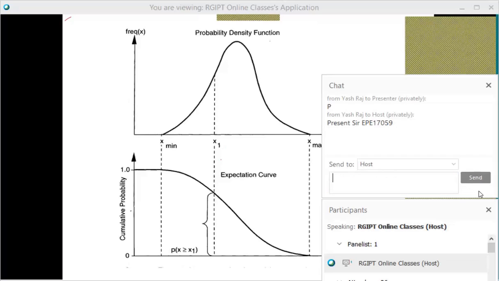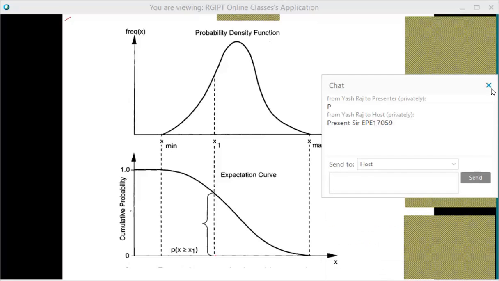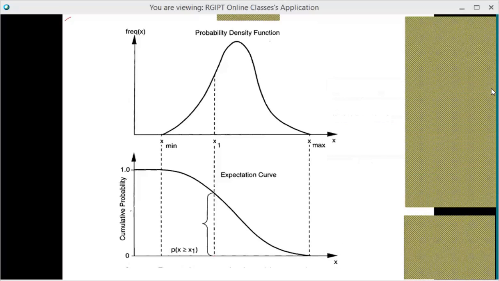Okay. So basically, when we say P90, what P90 means is that there is a 90% probability for the correct answer, or correct reserve in this case, to be between this value, P90, and the maximum.